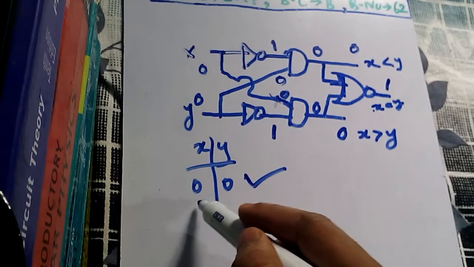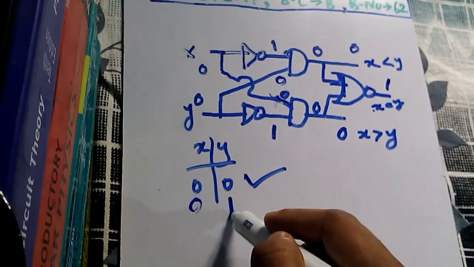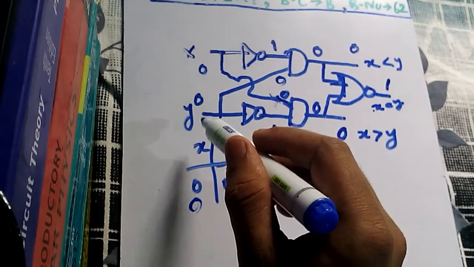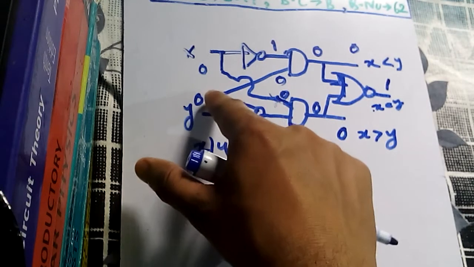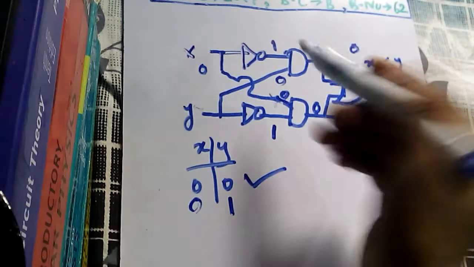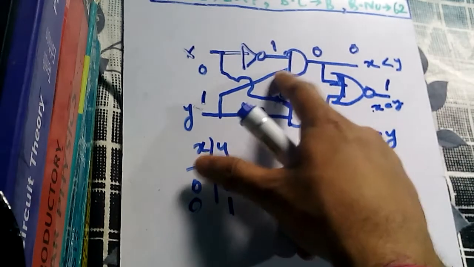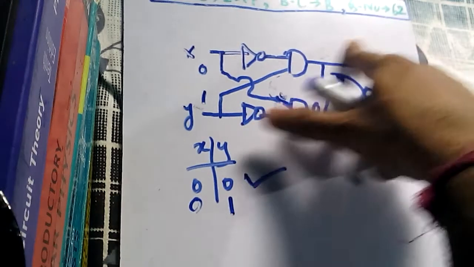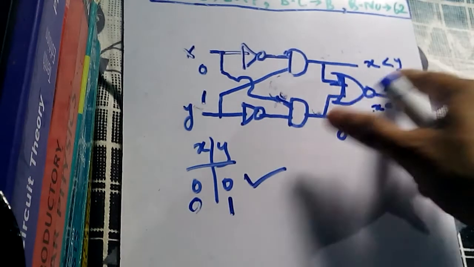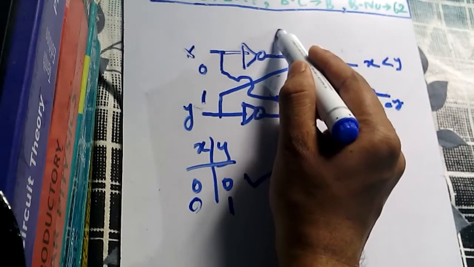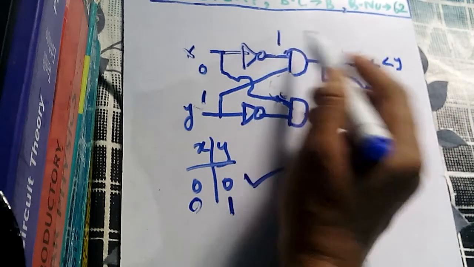Now let's check the second possible combination, that is 0 1. In this case, we are putting 1 instead of 0. Let me just erase the previous values. So in this place you get 1.